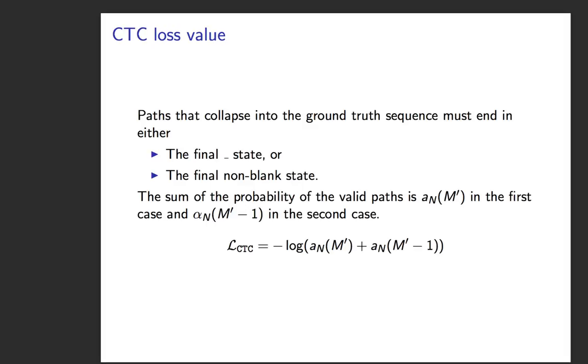So we have alpha sub N, and then we have to either reach the final state, which was the blank state at the end, or we could have reached the state right before that, which is the last non-blank symbol. Both are valid in terms of collapsing into the sequence you want. So you sum over the paths for both cases, and you take the negative log of that to find the CTC loss. Okay, does that make sense?